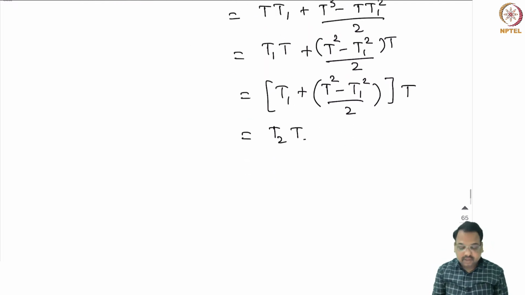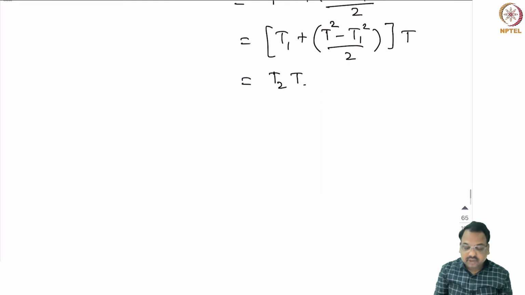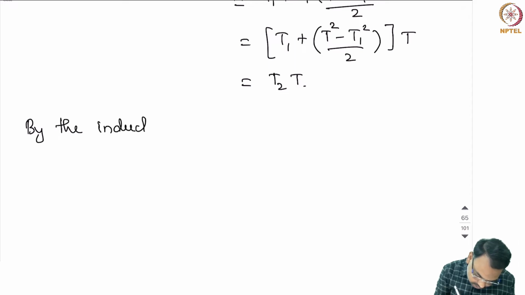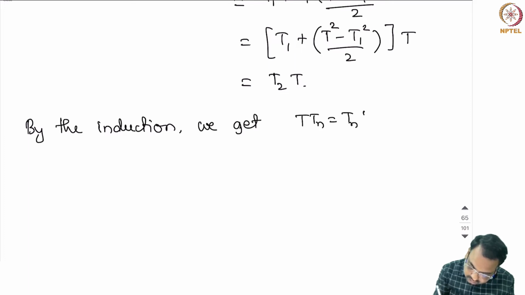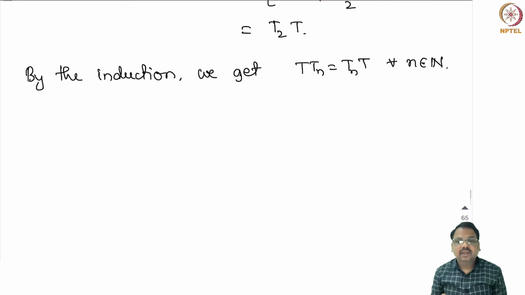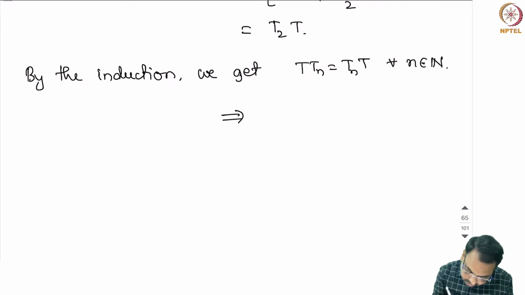So using the inductive process, we can show that T commutes with Tn. So by induction, we get T commutes with Tn for every n in N. Now we know that Sn is nothing but Tn plus T, so this also implies that T commutes with Sn.